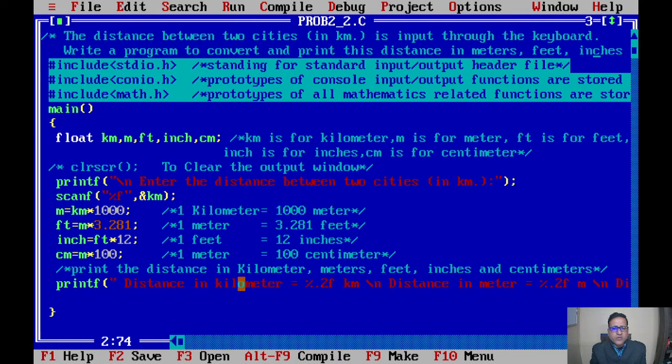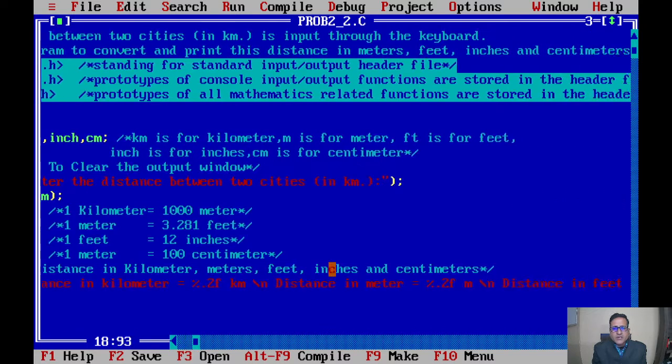Although, I also wrote here distance in kilometers. Again here I am using %f, and in between I am writing 0.2.